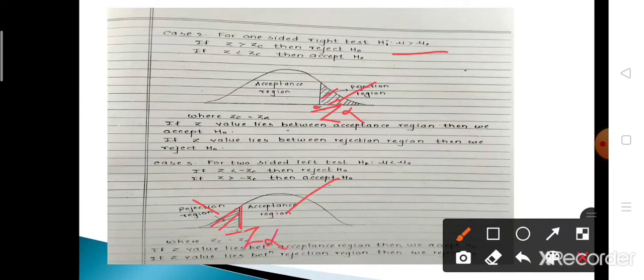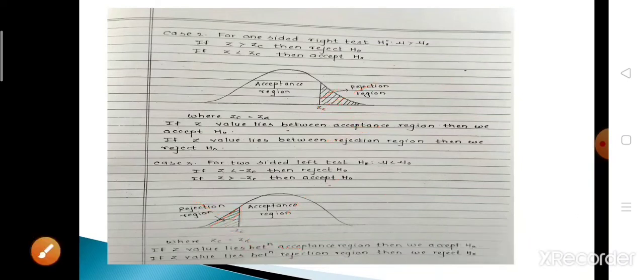See, for the one-sided right, only one rejection region which is situated to the right side, and for one-sided left test, only one rejection region which is situated to the left side. For right side test, write down the positive table value as a critical value, and for one-sided left test, write down the negative table value as a critical value.